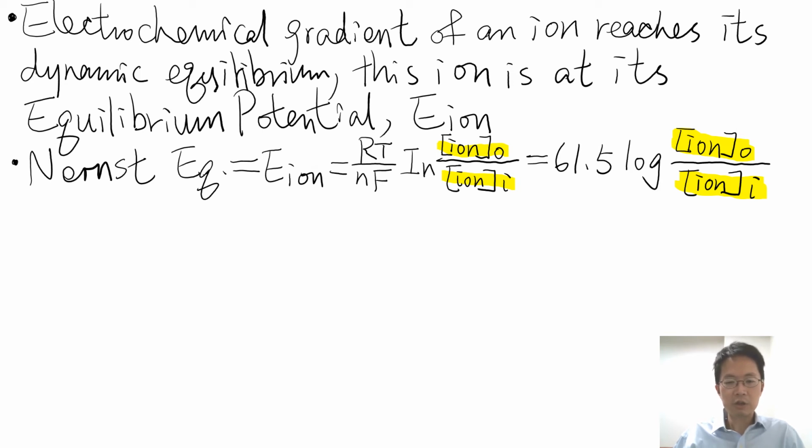Based on the Nernst equation, if inside the cell you have high potassium and outside the cell you also have high potassium, what will happen? You will change your equilibrium potential of potassium. When you change the equilibrium potential of potassium, you will also change the resting membrane potential, and basically you will shut down the entire nervous system. I'll explain it further when we talk more about how the ions contribute to the resting membrane potential.